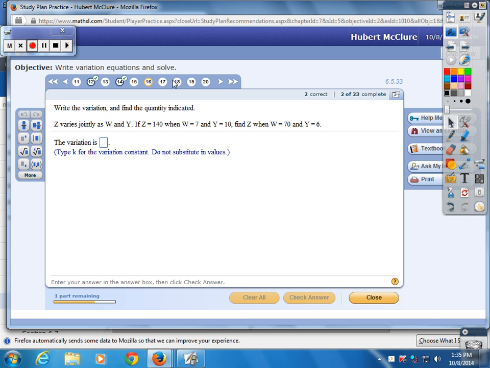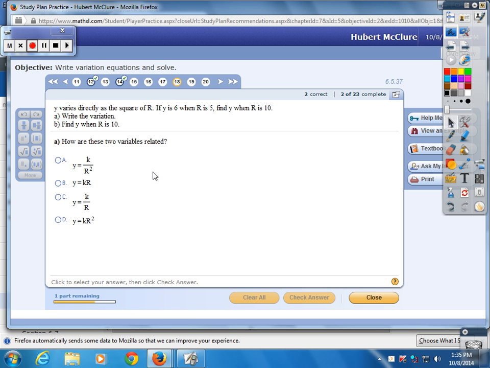We did one like that. All right, try that one. I'll blow it up for you. Y varies directly as the square of R. Square of means what?